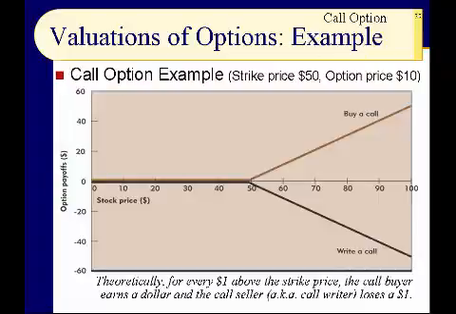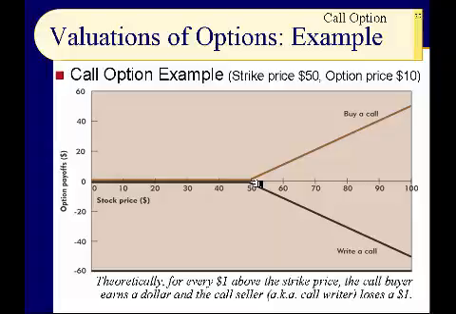Now, slide 25. This is a theoretical graph that tries to show you what happens with a call option as the price of the stock goes above the strike price. So essentially, the option is worth nothing if the market price is less than the exercise price, less than the strike price.